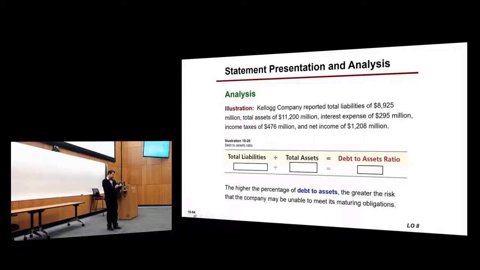So, for example, in this case, you have 79.7%. That means the liabilities are equivalent to almost 80% of your assets. The higher this ratio, the worse it is. The riskier the company is, because in this case they have higher debt. Okay?